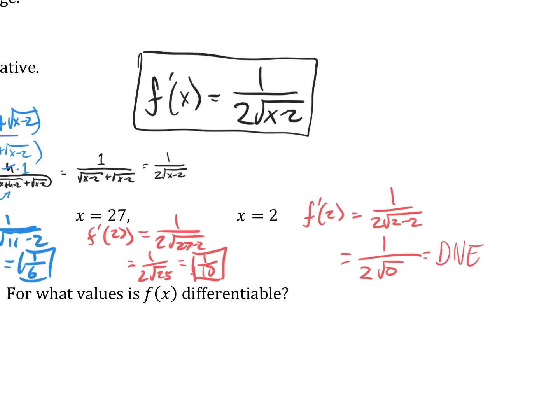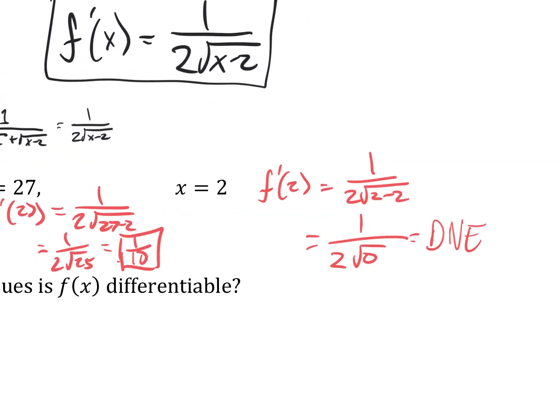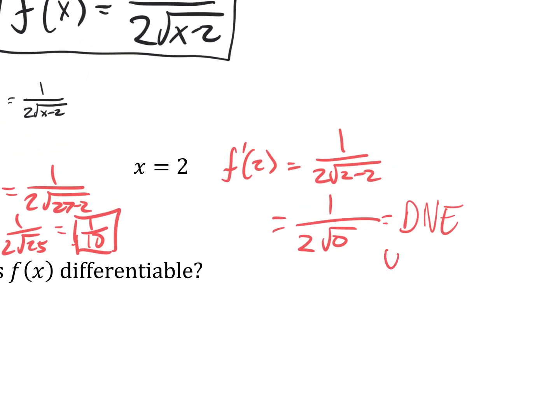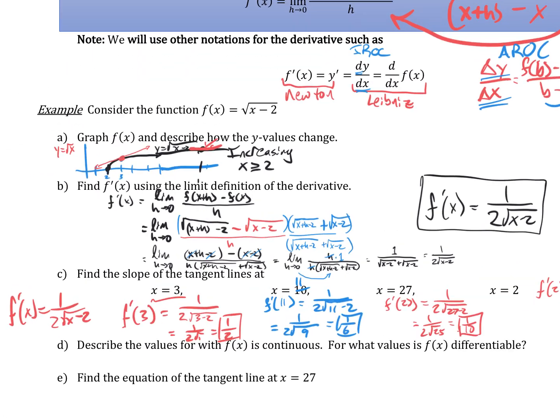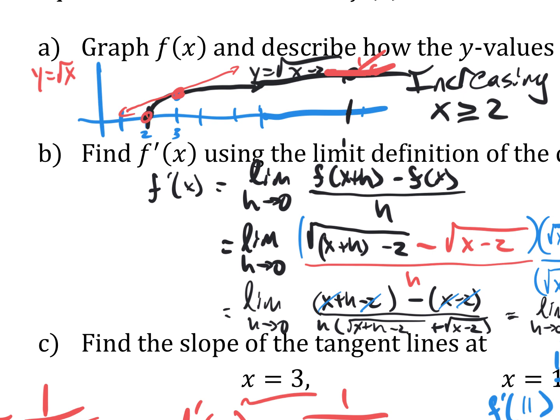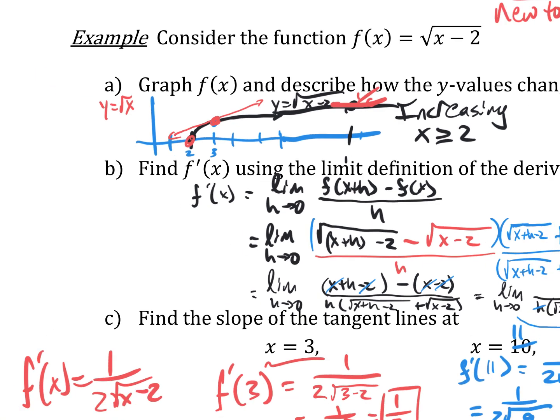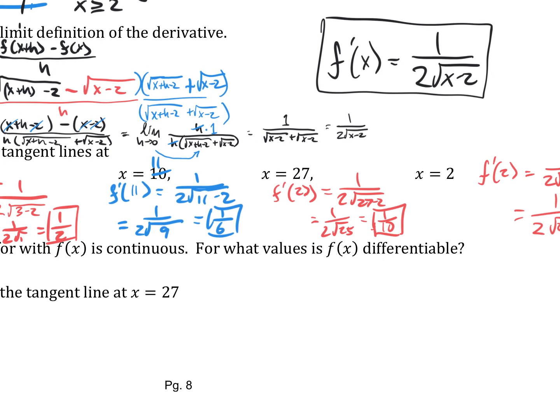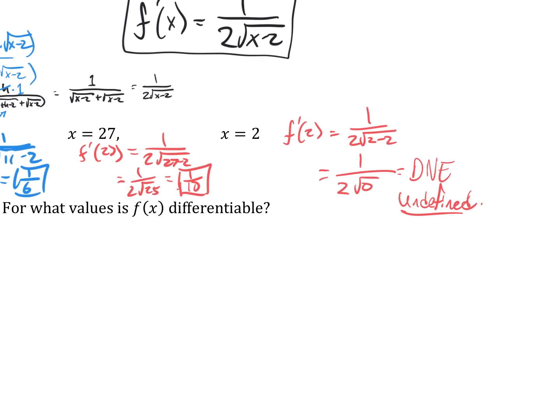It's undefined. That means we cannot take the derivative. What is the slope there? Well, we can't actually find out. So we say this is not differentiable at x equals 2.